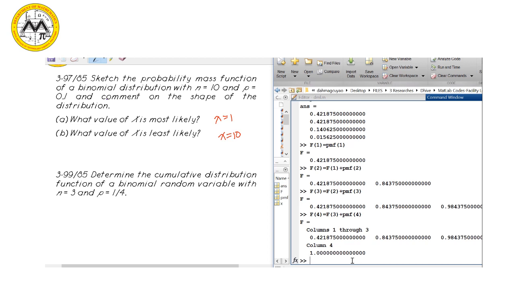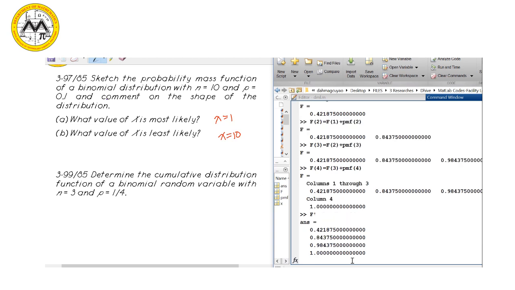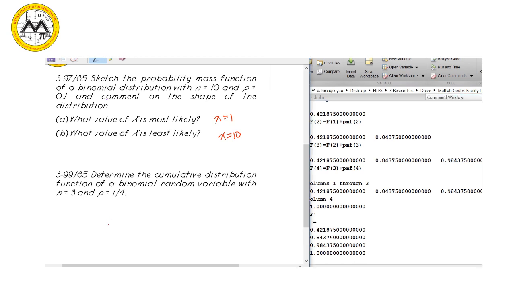So we can have the list down of element F prime. So we would be having capital F of x is equal to 0.4219.